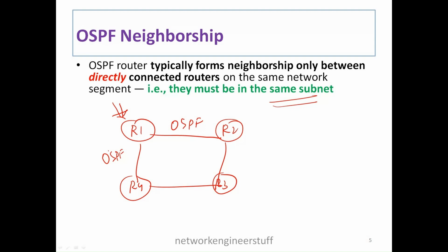They are in the same network segment. They are in the same subnet. So that is the reason they will form the neighborship with R1. But R3 cannot form neighborship with R1. OSPF neighborship cannot be formed between R1 and R3. So this is a very important point to be remembered.